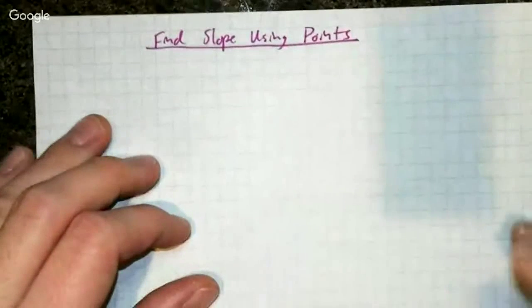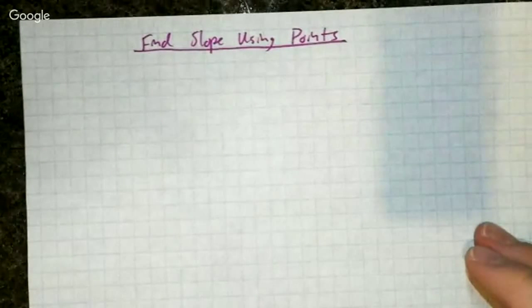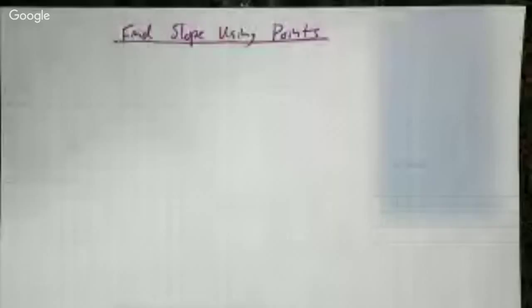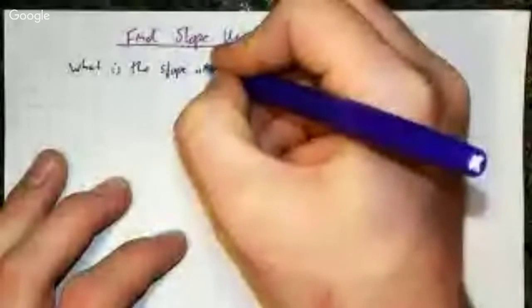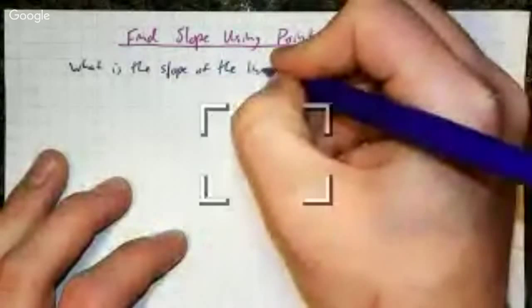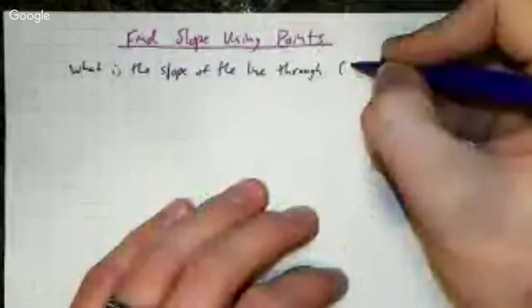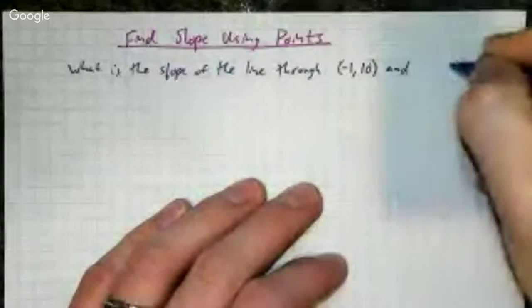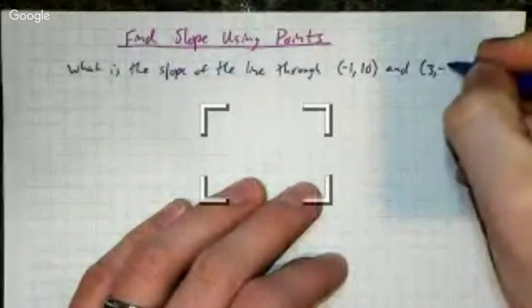What is the slope of the line through (-1, 10) and (3, -2)?